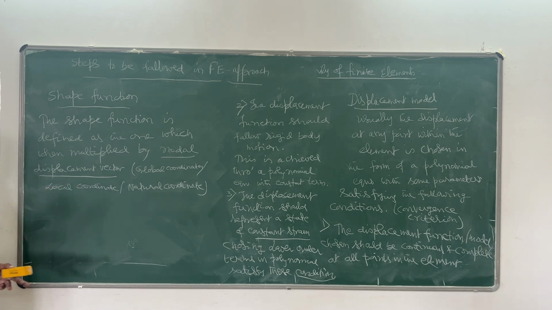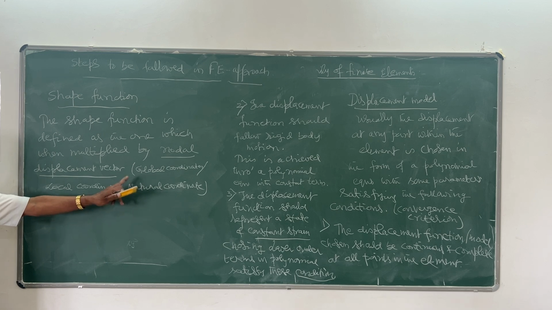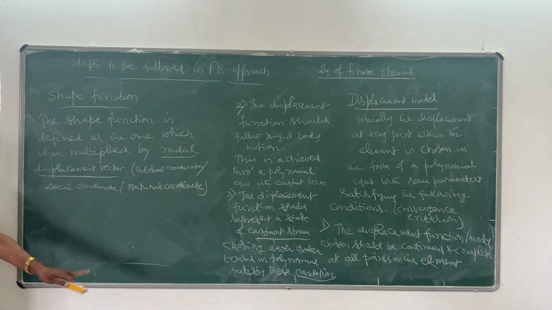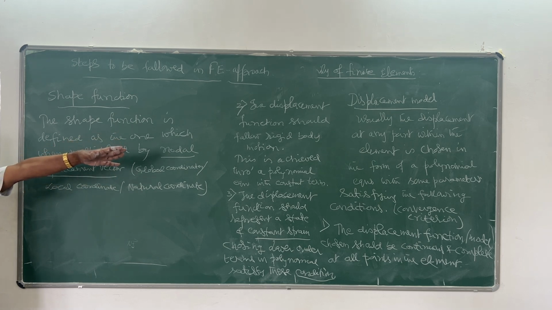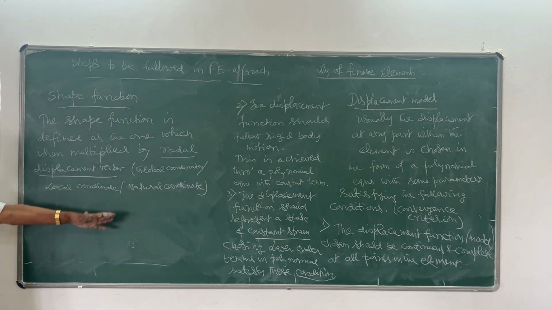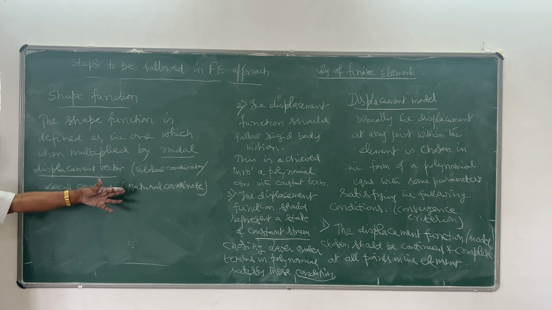We have another coordinate system, natural, which I am going to define now. So you can define this displacement either in the global, local, or natural coordinate system. The element, whatever I told, you can define with respect to any one of these types of coordinate system.